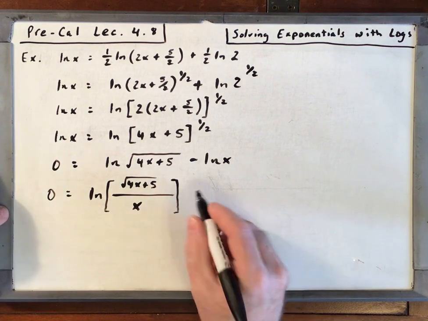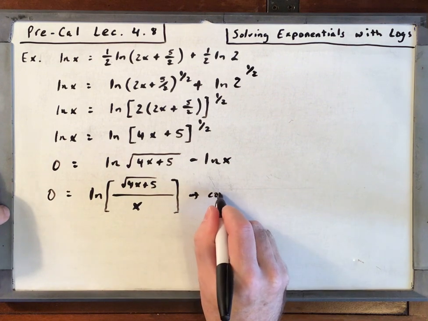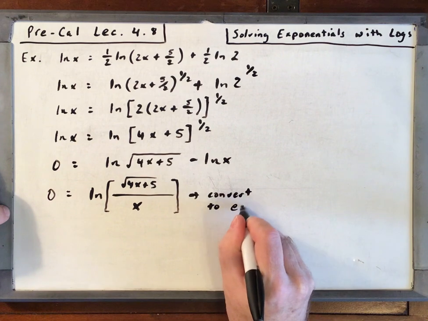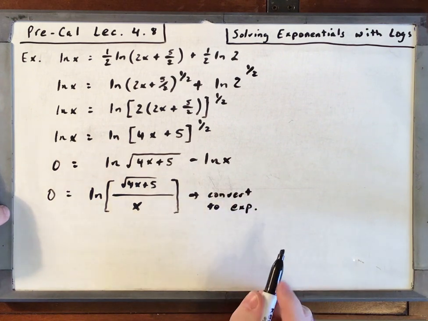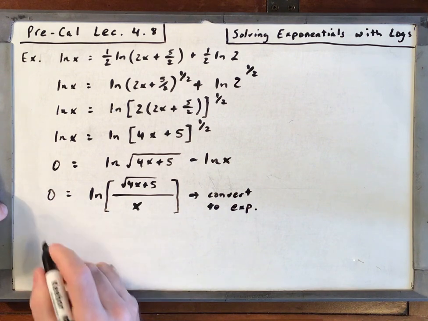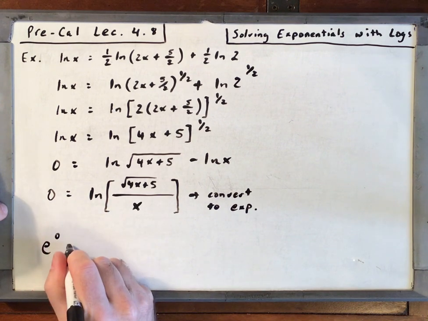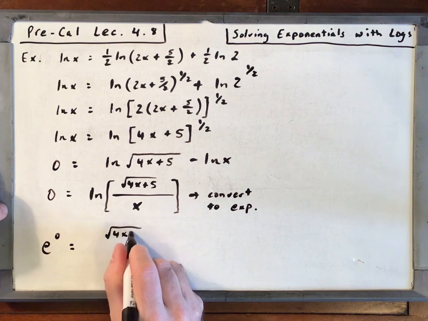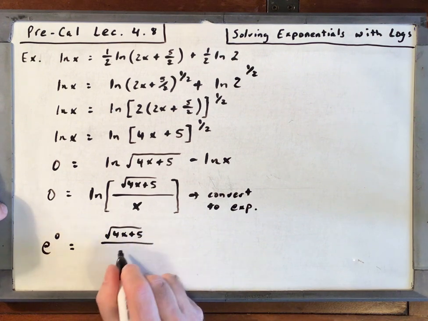Okay, finally, we can convert to an exponential. So this is like saying e, remember natural log is base e, to the 0 is equal to the square root of (4x plus 5) over x.